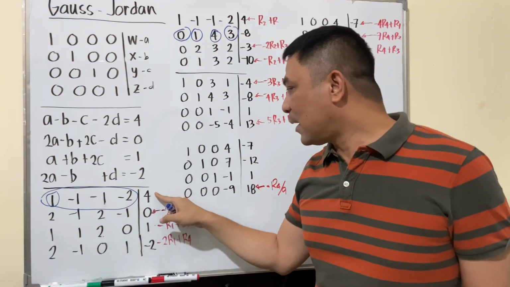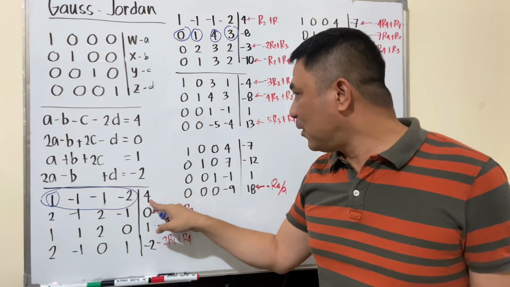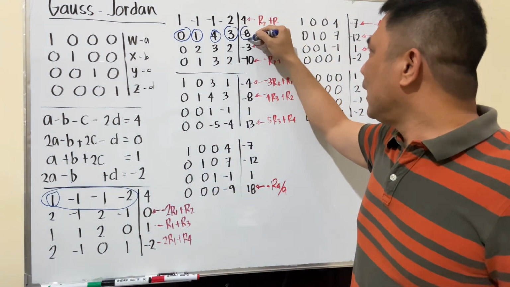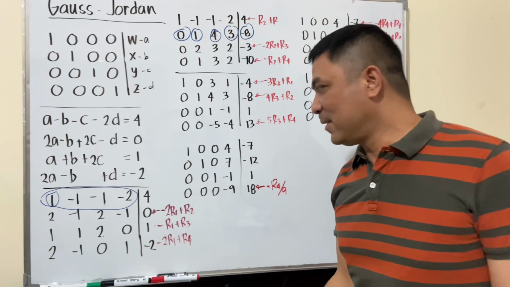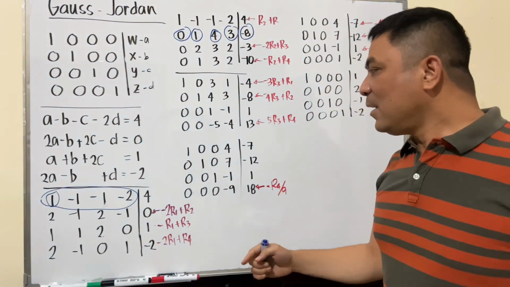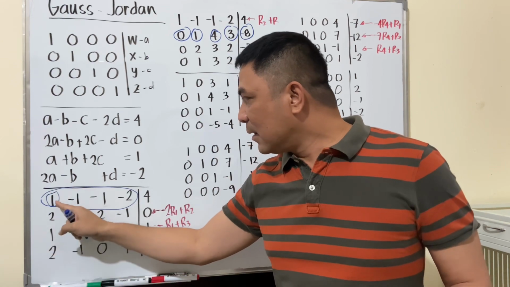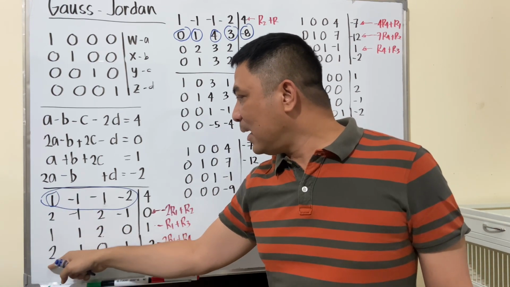Same also with the constant: -2 times 4, that's -8, plus 0, that makes it -8 here.